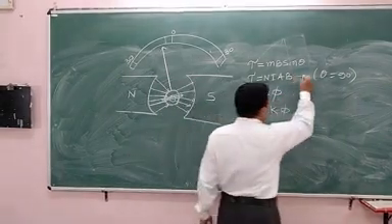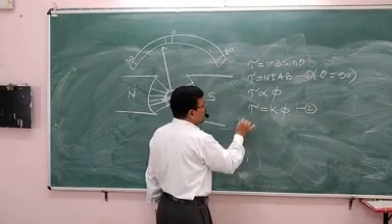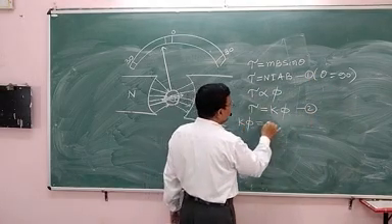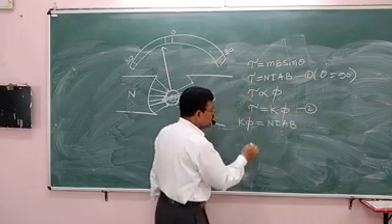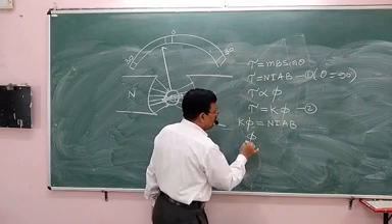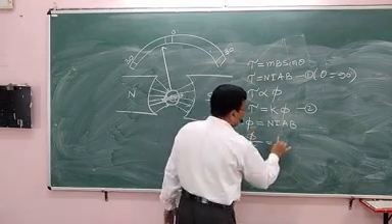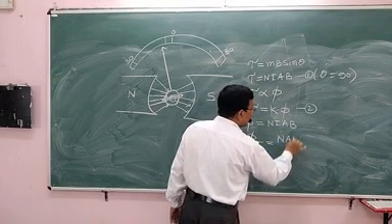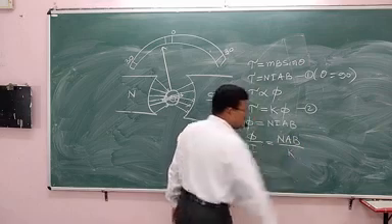Comparing equation 1 and equation 2, we can write that K phi is equal to NIAB. In other words, deflection per unit current is equal to the total number of turns in the coil times the area of the coil times the magnetic field, divided by the spring constant.